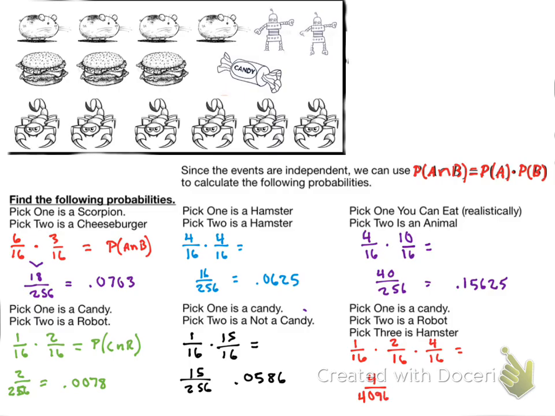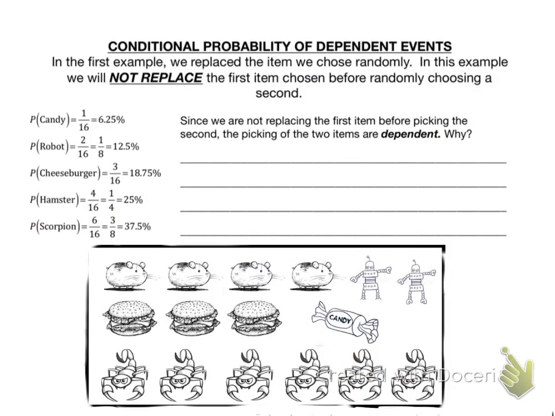And 4 divided by 4,096 gives us a very small number, 0.00098 probability. Again, this was for independent events, so it doesn't matter what the first one was. The second one doesn't depend on the first one.